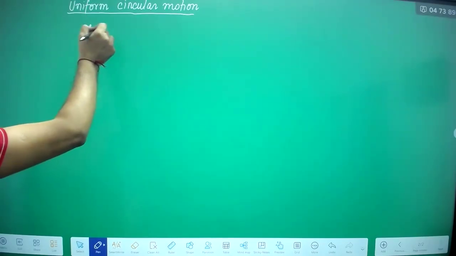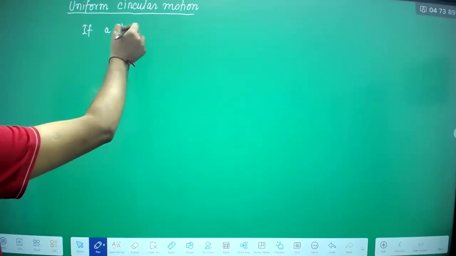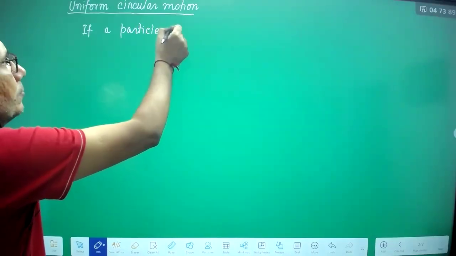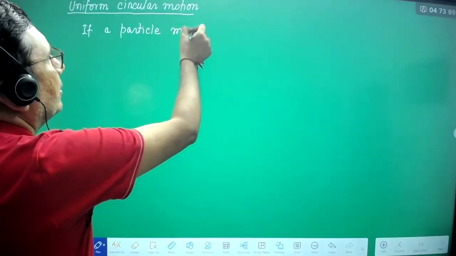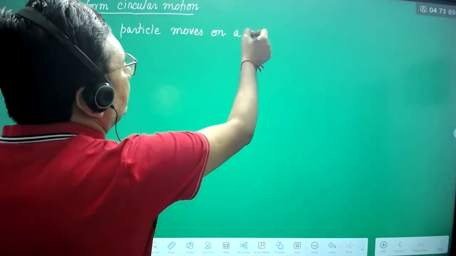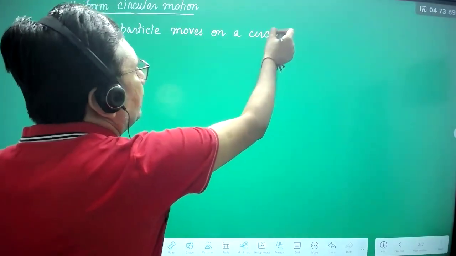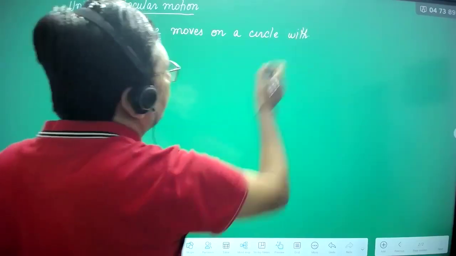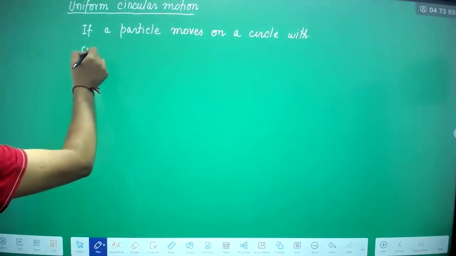So, what is uniform circular motion? If a particle moves on a circle with constant speed, I'm not saying velocity, with constant speed.